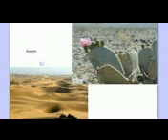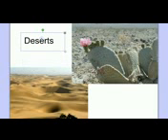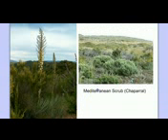We also have deserts, which are typified by very little rainfall, and plants and animals that have special adaptations to handle extreme temperature variations and lack of water. And we have the Mediterranean scrub, or chaparral, biome that you see here.